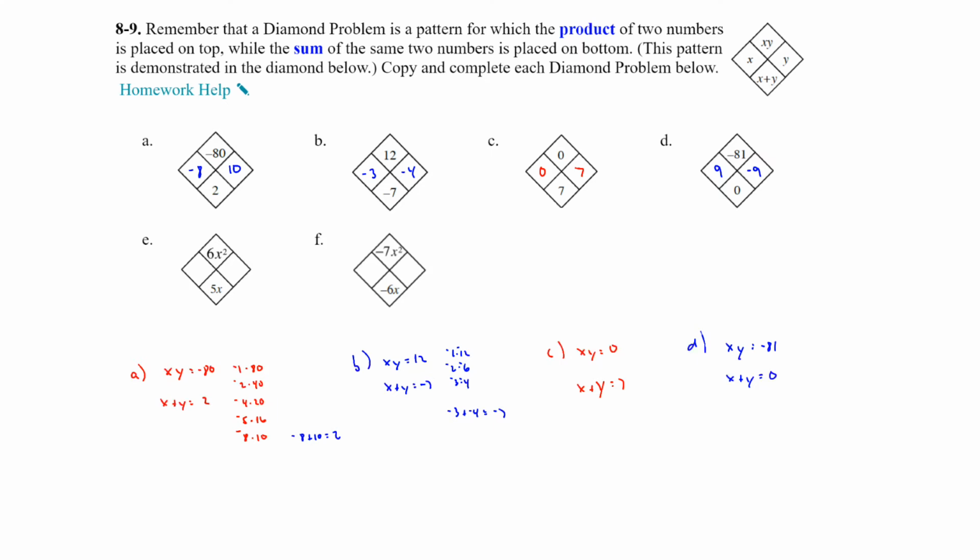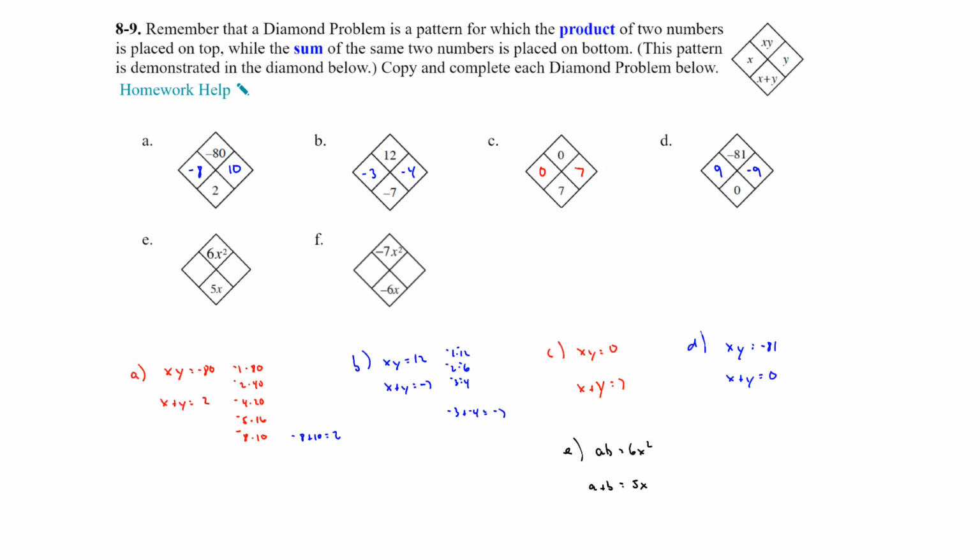Let's look at E. Now we got some variables thrown in, but let's still stick with the numbers as well. I guess I can't use X and Y now, but we'll go A and B. So A times B is equal to 6x squared, but then when we add those, we want to get 5x. And so you can kind of see your generic rectangle hopefully looking something like this.